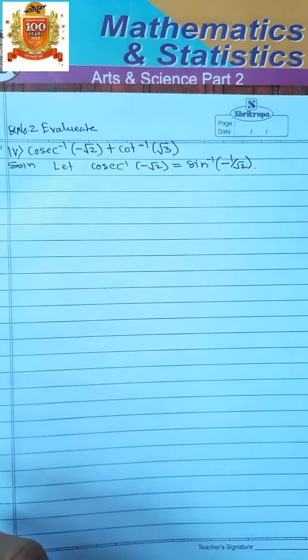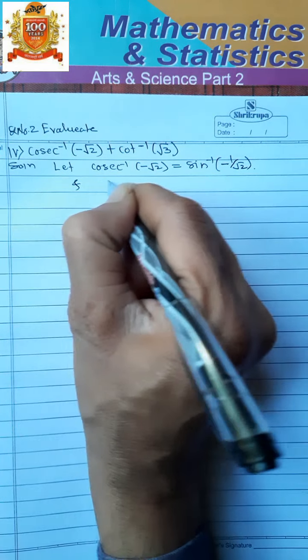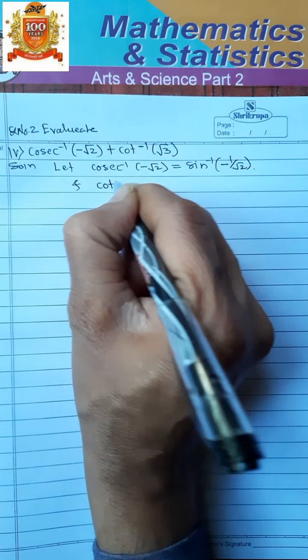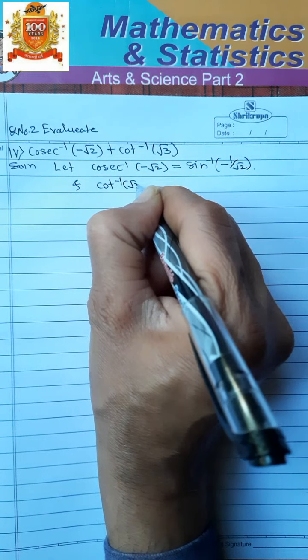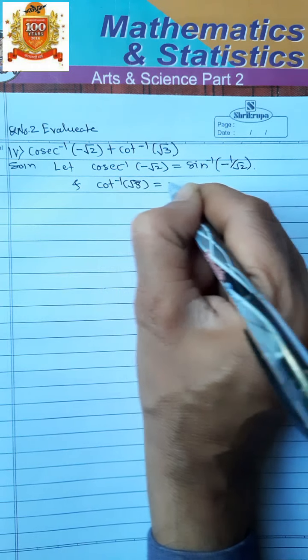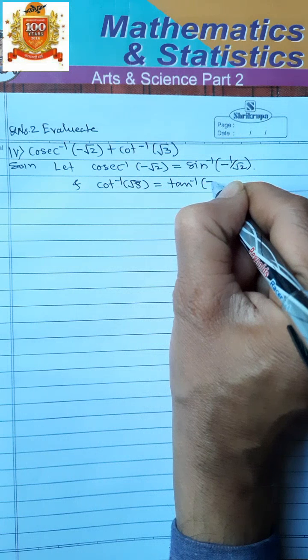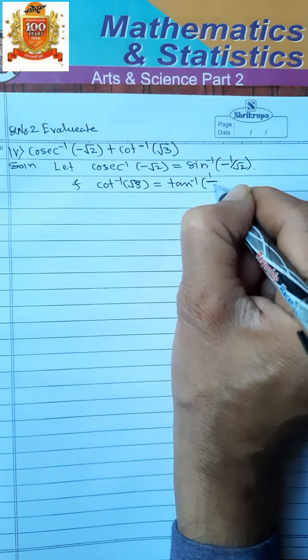We know this. And cot inverse of root 3 can be written as tan inverse of 1 upon root 3.